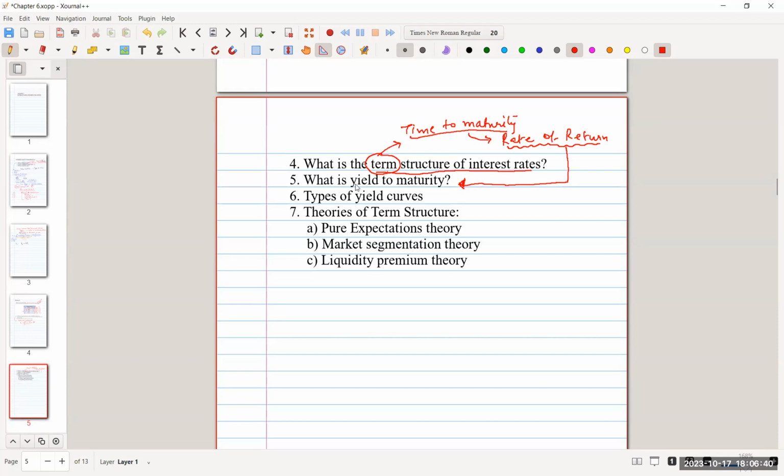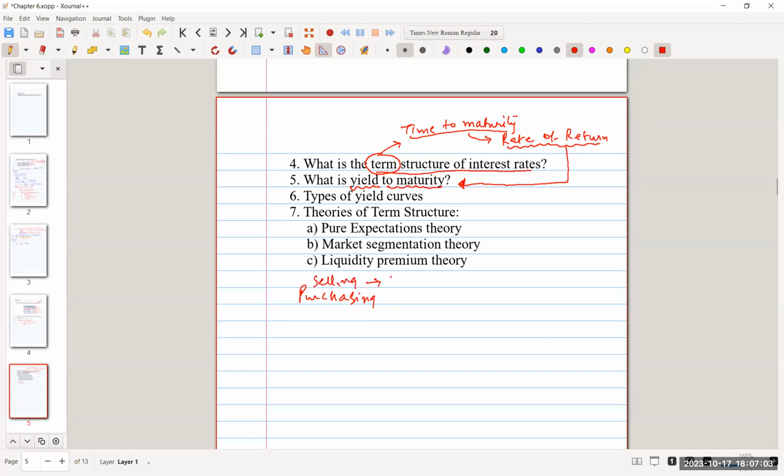Yield means return. To maturity simply means that if I purchase a debt related financial instrument today, purchasing means what, folks? Please be mindful. Purchasing a debt security means what? Or first of all, selling a debt related security means what?